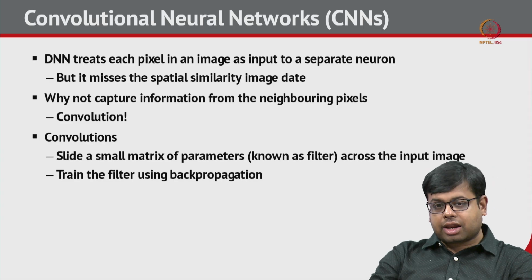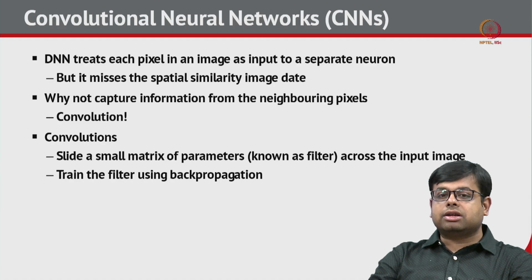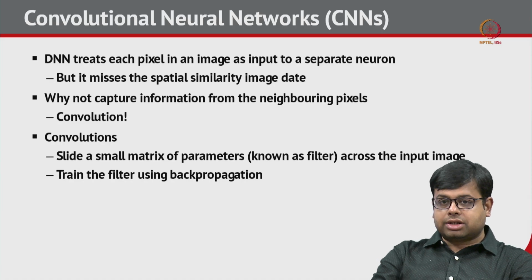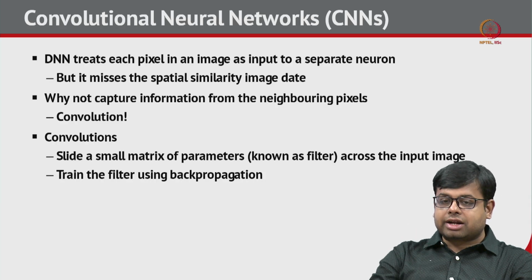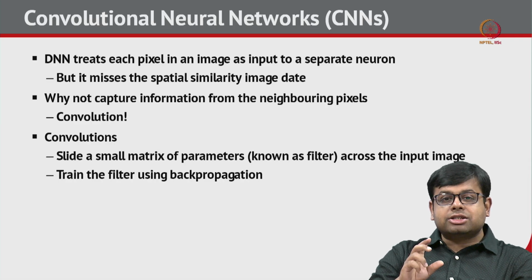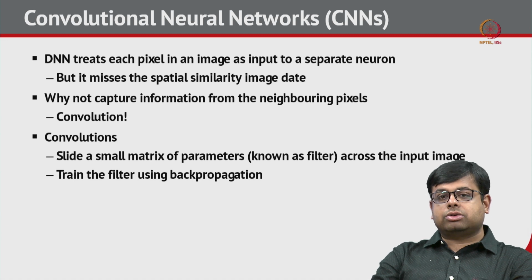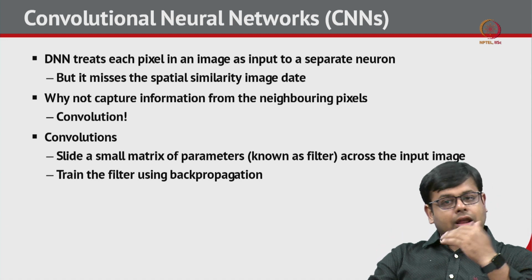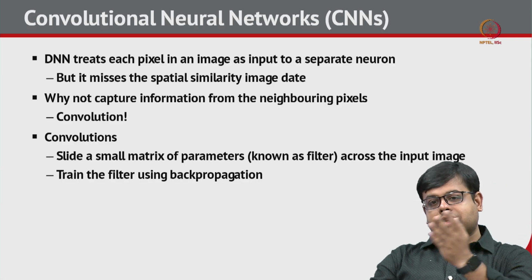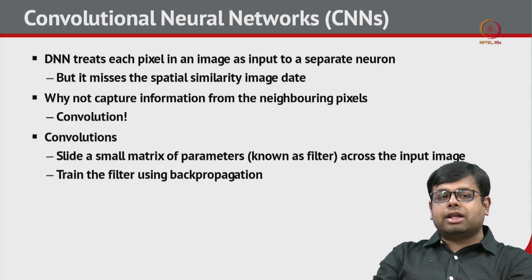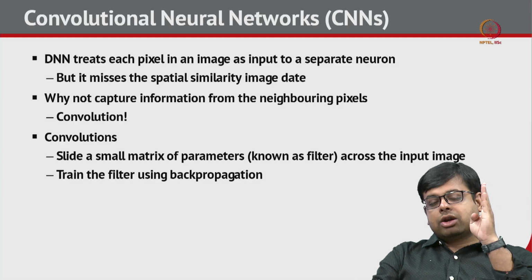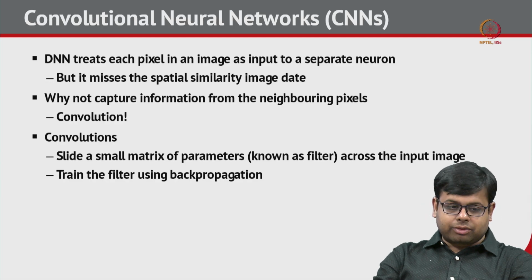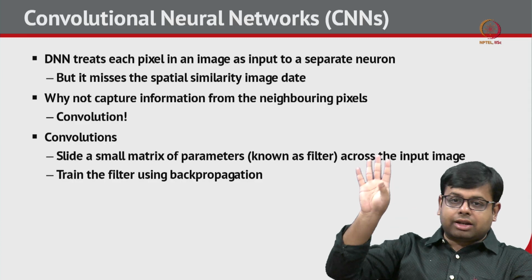Let us say you have an image of an animal, and the task is to recognize whether it is a cat or a dog. If we pass that image to a multi-layer perceptron, it will treat each pixel in that image as input to a separate neuron, because the image pixels are the features. That is how a multi-layer perceptron works.